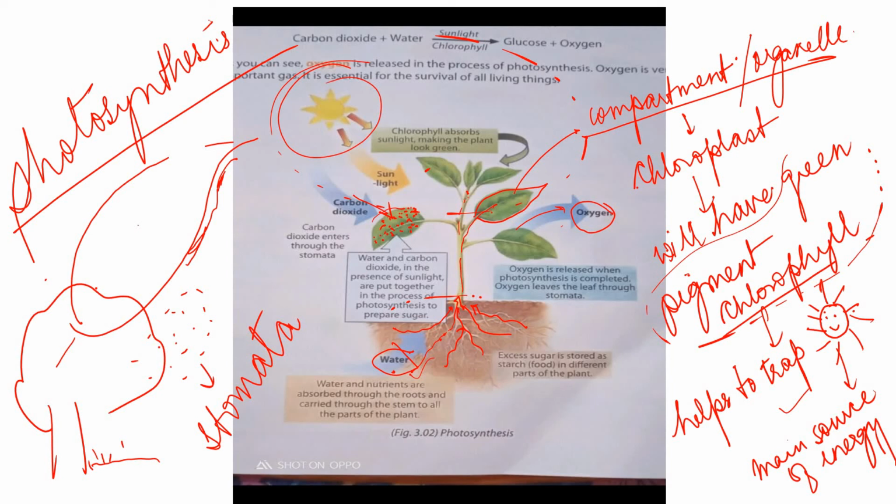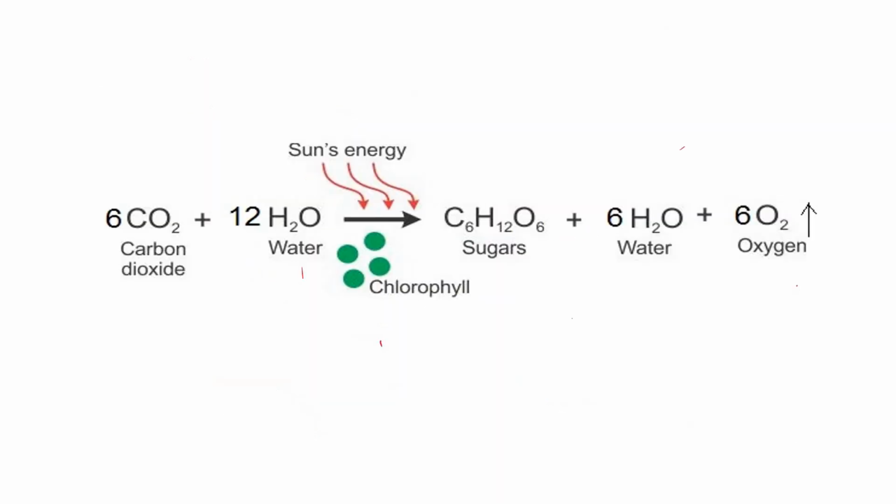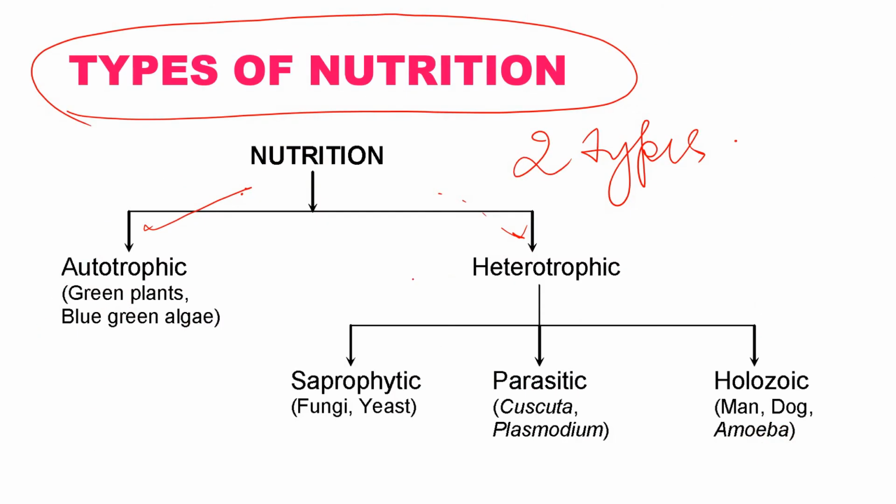Then these plants depend on other plants to prepare their food. And whenever any plant or any organism depends on others for its food, that is called heterotrophic nutrition. Hetero means what?